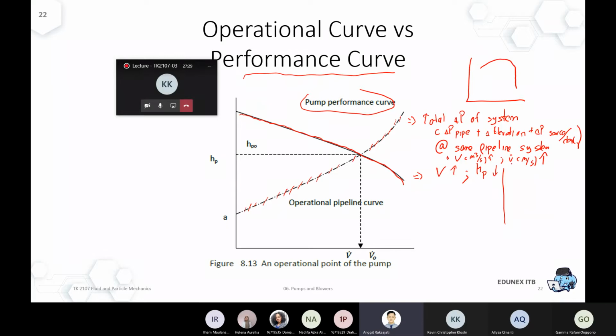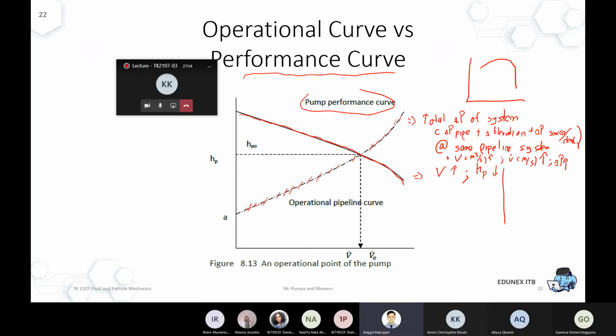And when the linear velocity increases, that will result in a higher delta P. Delta P in the pipeline will increase. The Fanning calculation, Moody calculation, that will increase. So that's the trend when we plot the variation of the pump curve versus the operational pipeline curve.